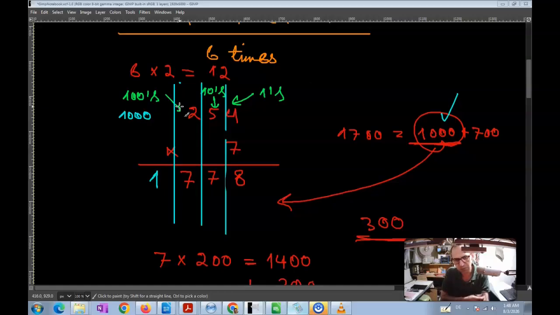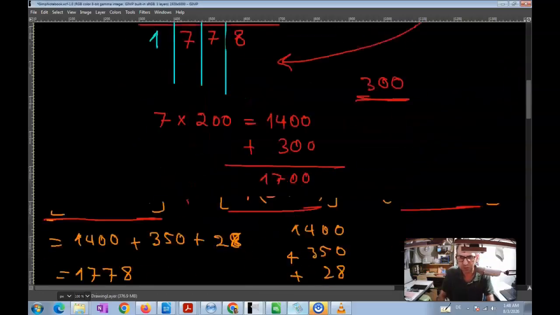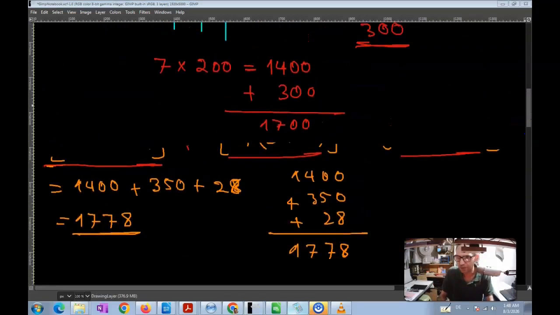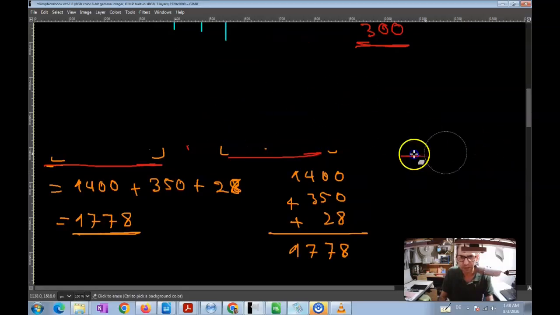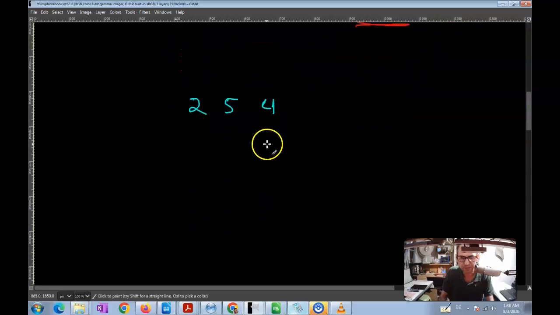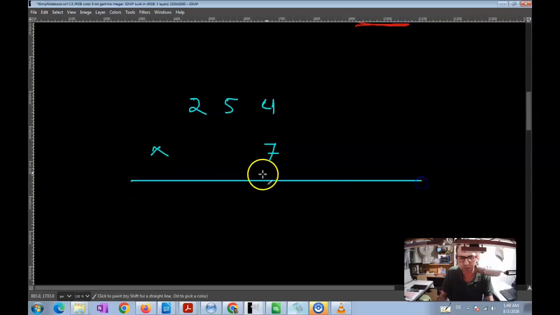So how do I make this a little bit simpler so that I can work with it more efficiently? The same calculation, which is essentially 254 times 7, I want to do this calculation. So how do I do that?